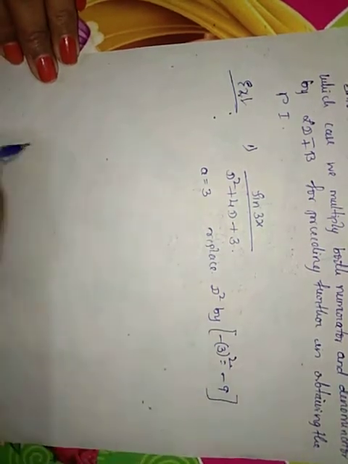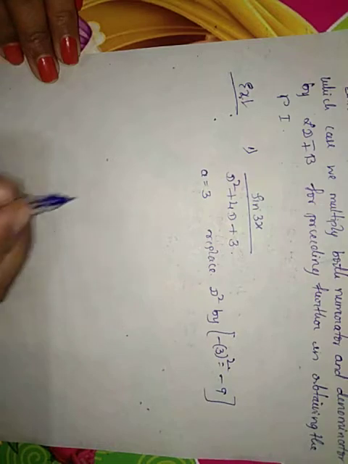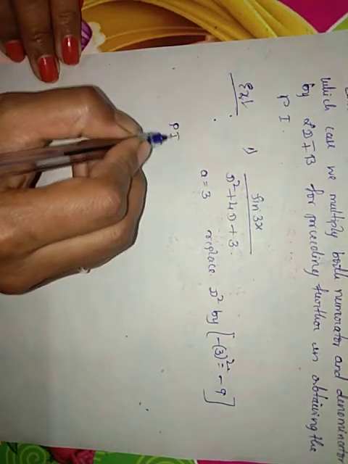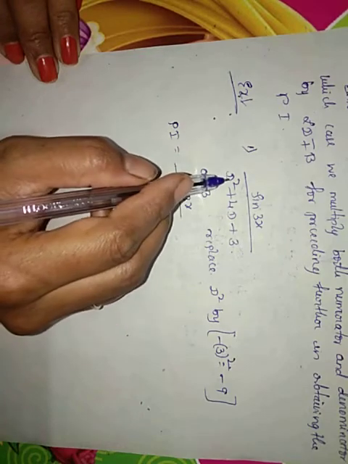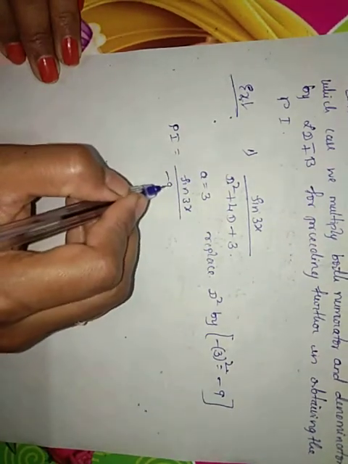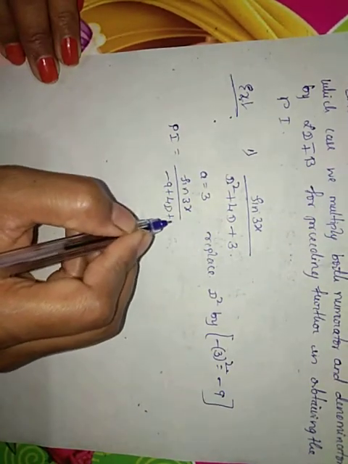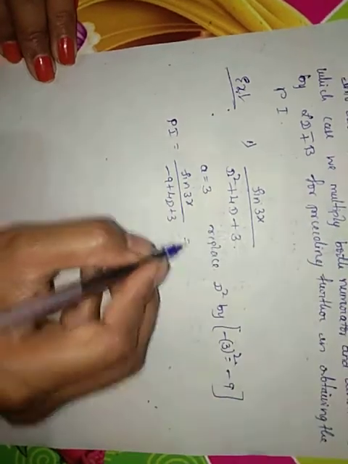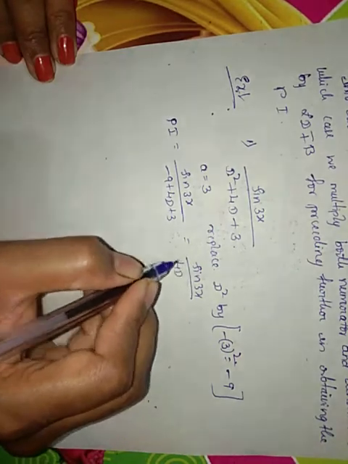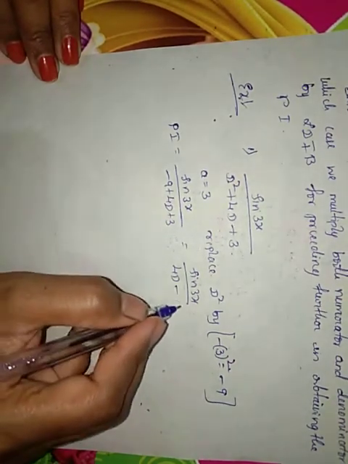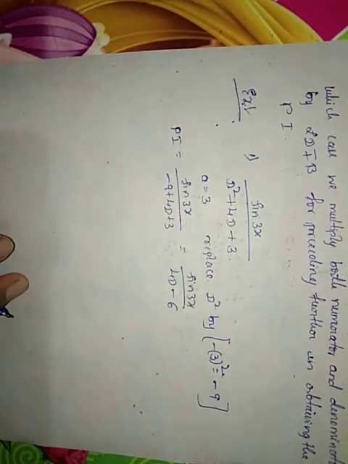Replace D squared by minus 9. So the particular integral is equal to sin 3x divided by, replacing D squared by minus 9, plus 4D plus 3. That is equal to sin 3x divided by 4D minus 9 plus 3, which is minus 6.